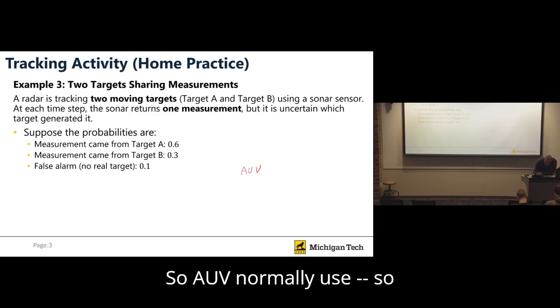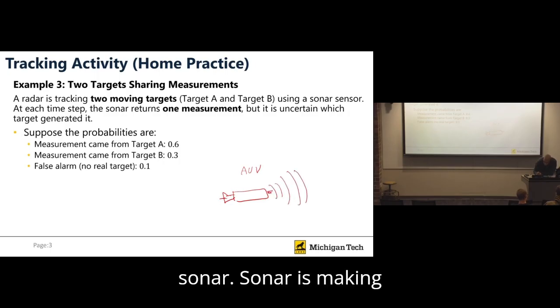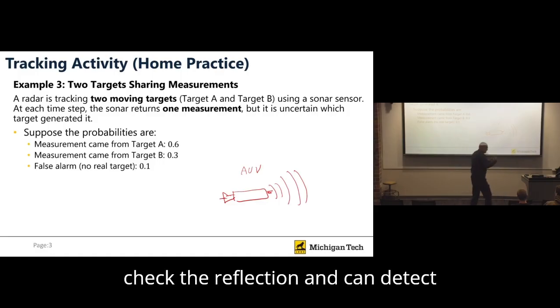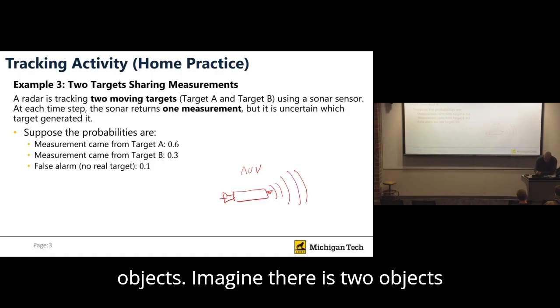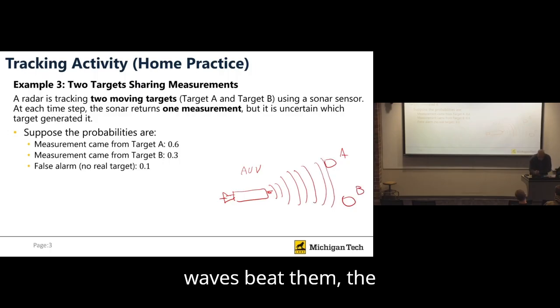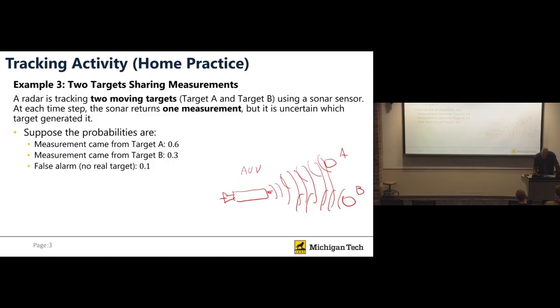Imagine this is the AUV, and it's using sonar. Sonar is making sound underwater and checking the reflection to detect objects. Imagine there are two objects, A and B, and when these waves hit them, the reflection can be listened to.